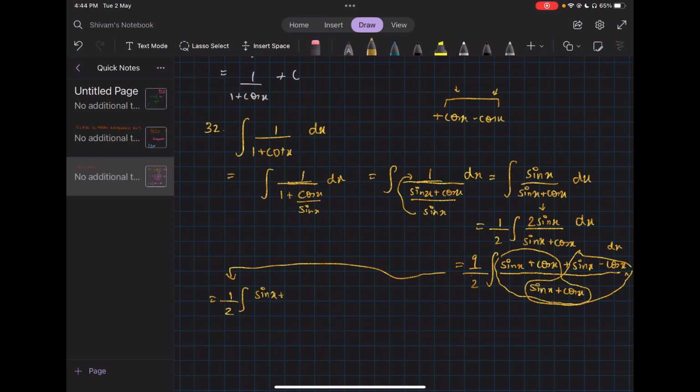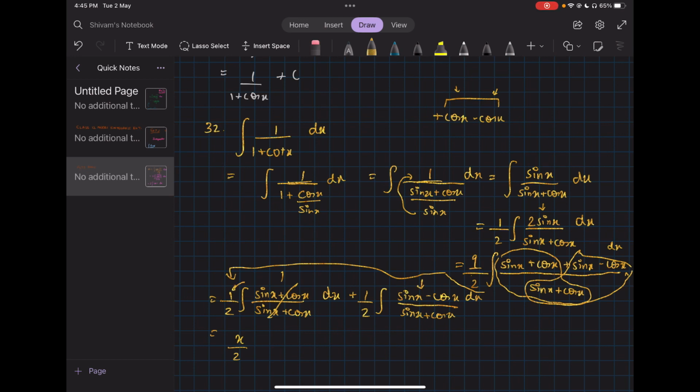So we have the integral of sine x plus cosine x over sine x plus cosine x dx, and then plus a half, the integral of sine x minus cosine x dx over sine x plus cosine x. Now the first just cancels out to be 1, so we have the integral of 1 with respect to x, which is x. I'm going to write this as x over 2, as the x gets multiplied with the 1 over 2.